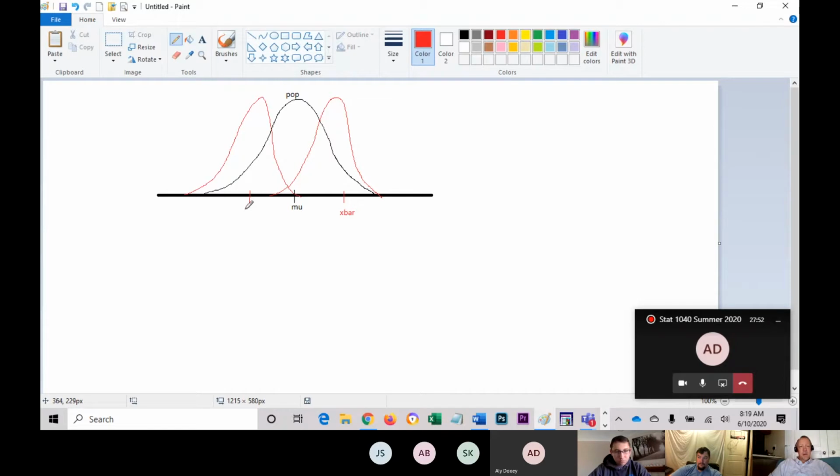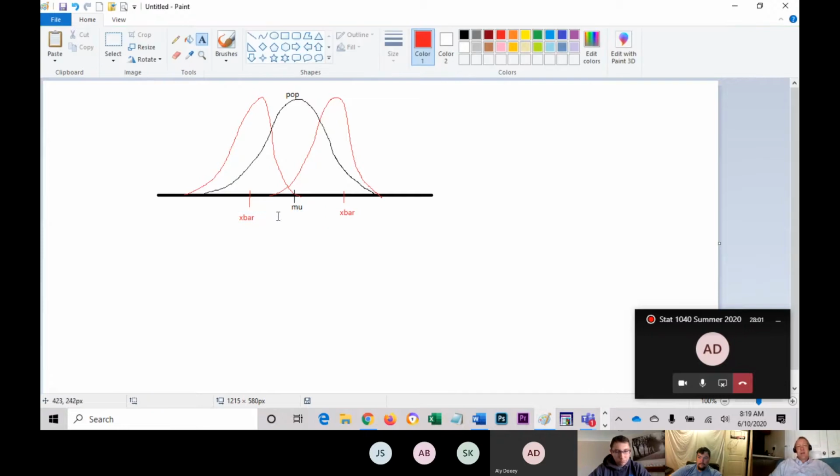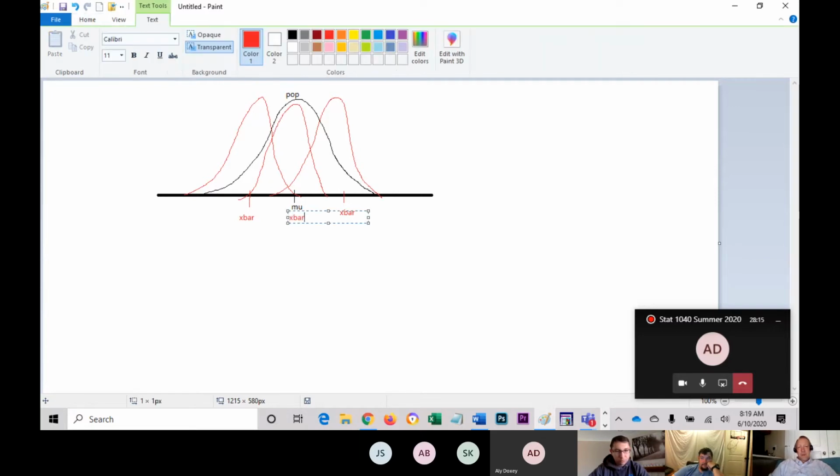Maybe this is your X bar. But if you do this, say 100 times, eventually your X bar is going to match your mean.